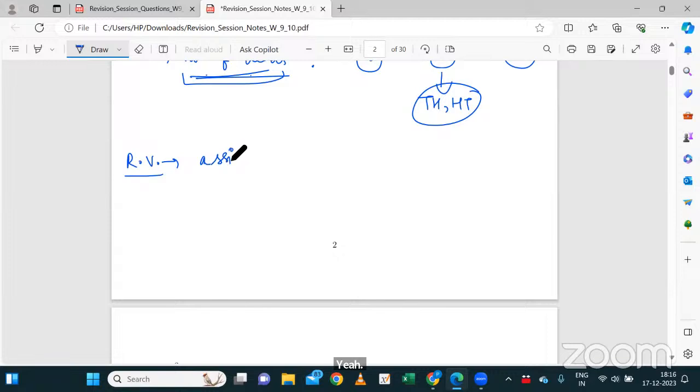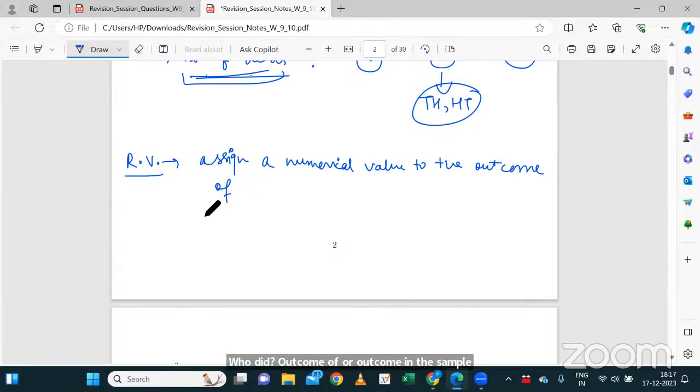In layman's terms, we assign a numerical value to the outcome in the sample space. We have taken the previous example, so that will help you. So we are assigning some numerical value to the outcome in the sample space.